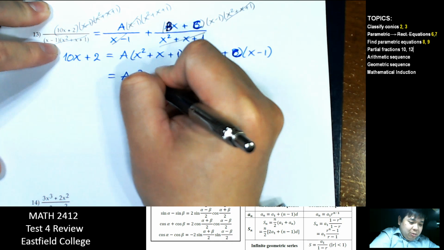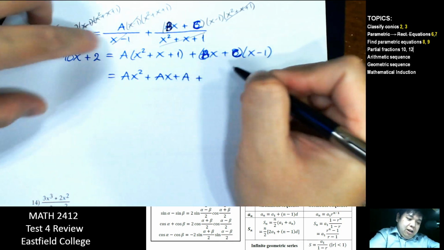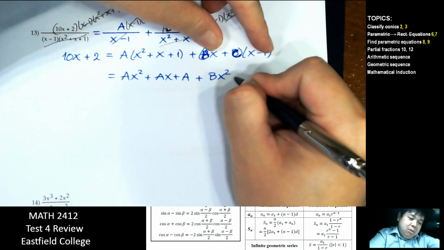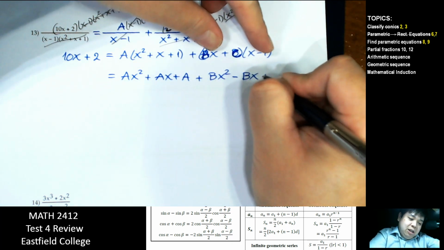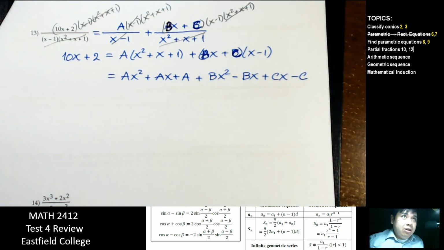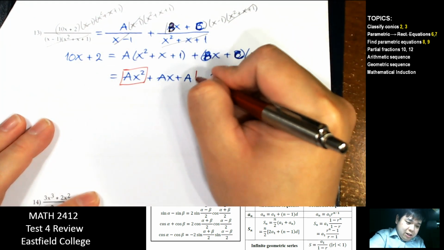Ax squared plus ax plus a, and then bx times x, bx squared, bx times 1, negative bx, plus cx minus c. Right. Combine like terms. Ax squared and bx squared.